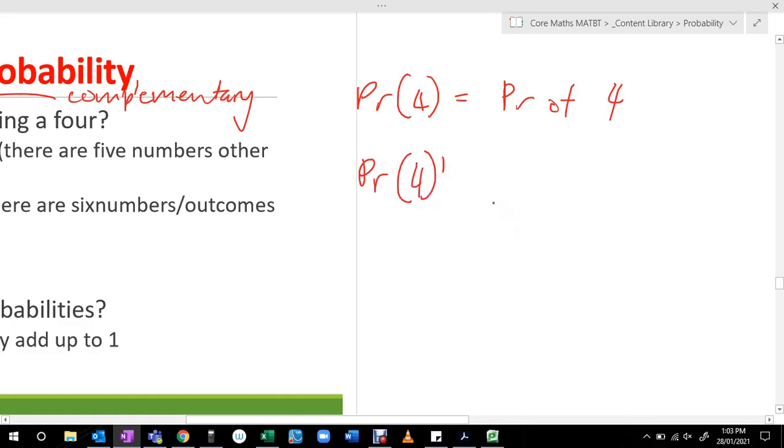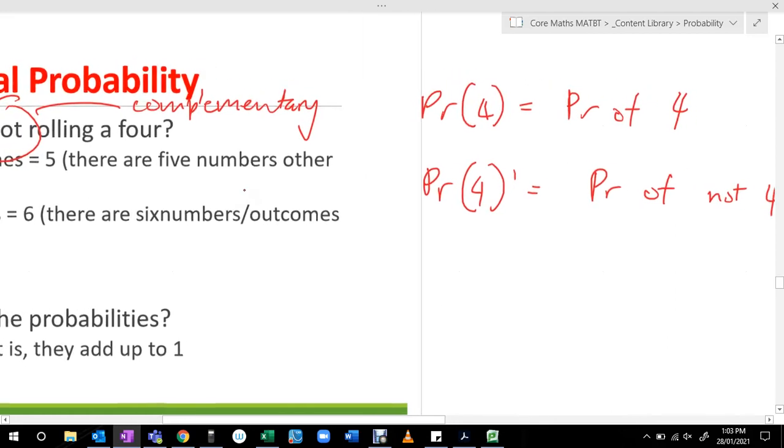With a dash on top. Okay, not 4. It means opposite, yeah? So that means PR of not 4. So whenever you see this, dash. Isn't that dash in the graph there? Generally, yes, but for now we'll leave it at that. We'll come back to that later, just so it doesn't confuse anybody.